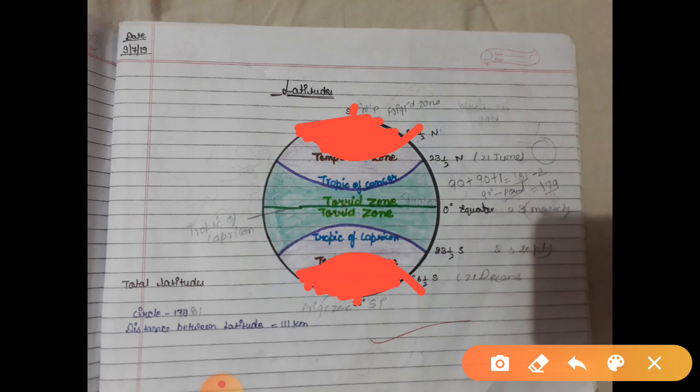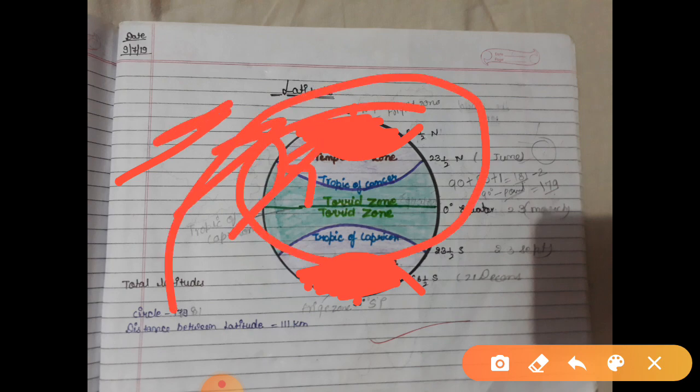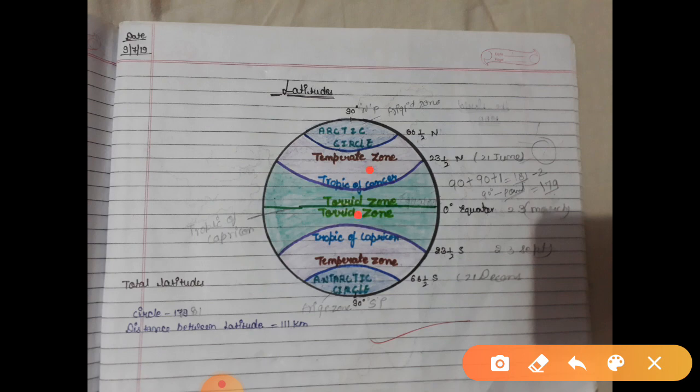When we study fundamental geography, we will study the direction of winds. These zones are very important, because when the wind moves from one zone to another, it will change its position and its direction will change.